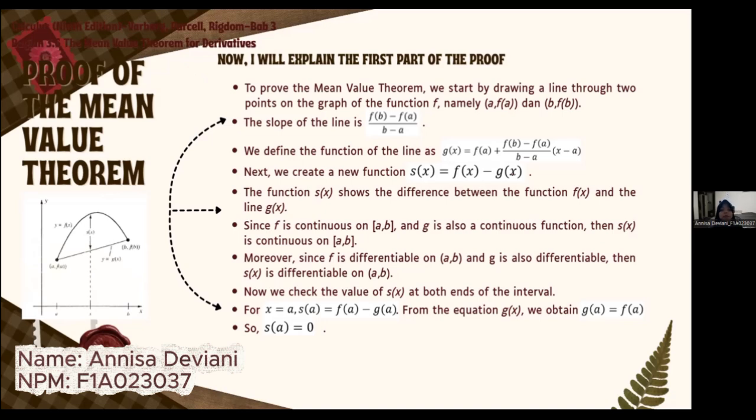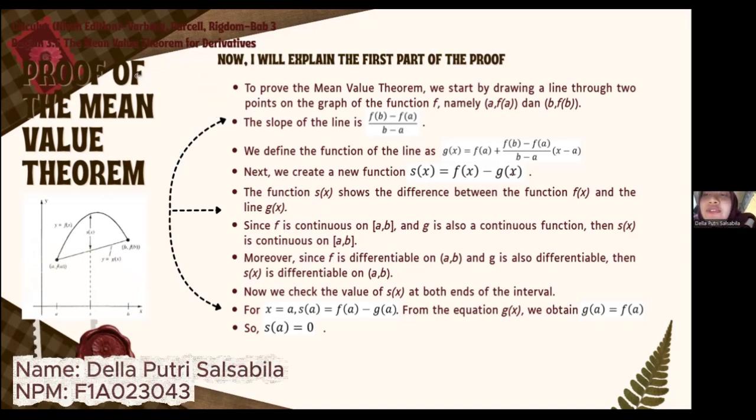Since f is continuous on the closed interval from a to b, and g is also a continuous function, then s of x is continuous on the closed interval from a to b. Moreover, since f is differentiable on the open interval from a to b, and g is also differentiable, then s of x is differentiable on the open interval from a to b.